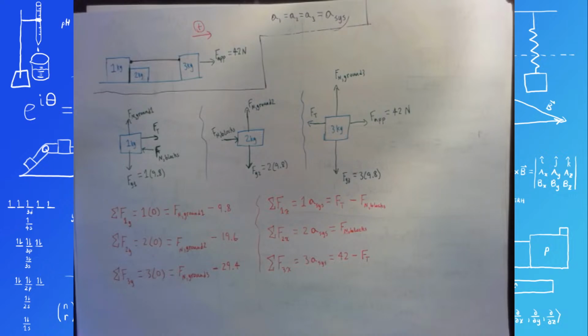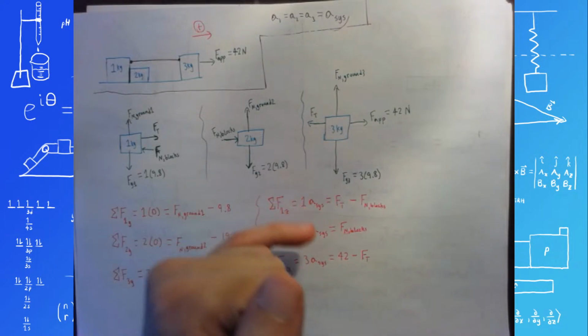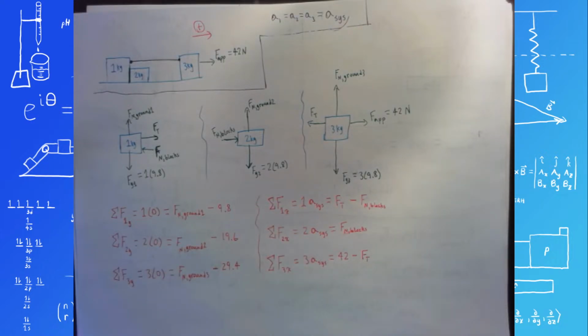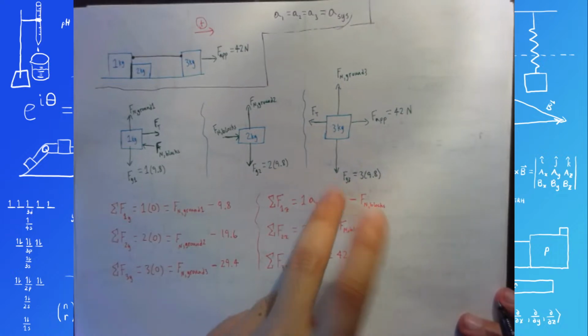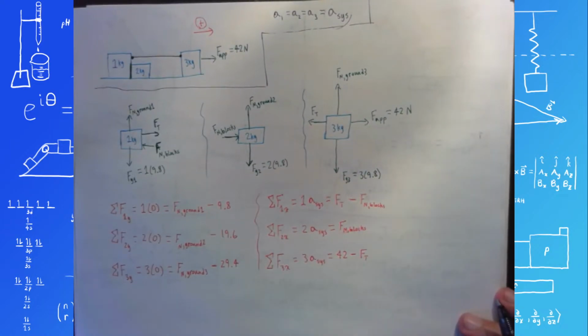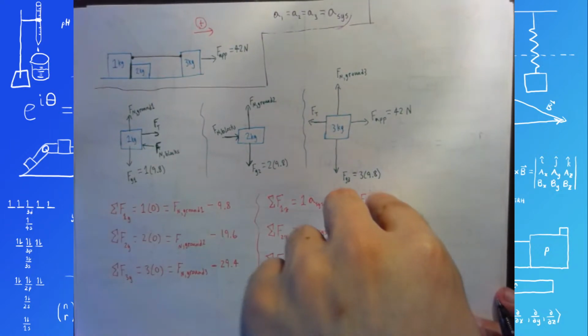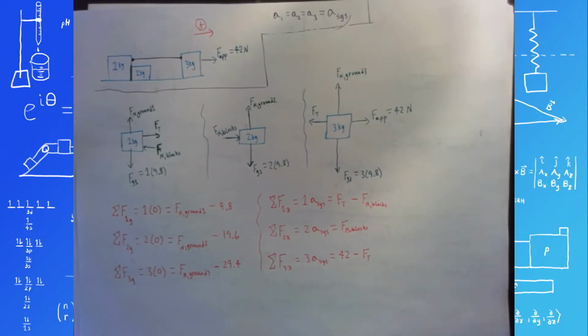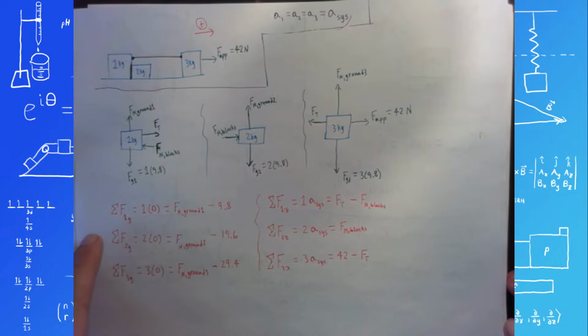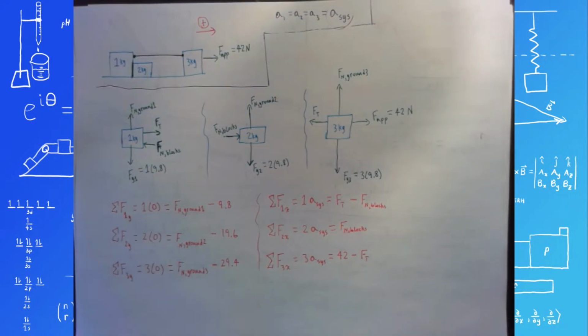Okay, so here we've got three equations and how many unknowns? The acceleration of the system is unknown. The tension force is unknown. These are both the same tension force, so they count as just one unknown. And the normal force between the blocks is unknown. So three equations in three unknowns, and these three equations should be independent of each other.